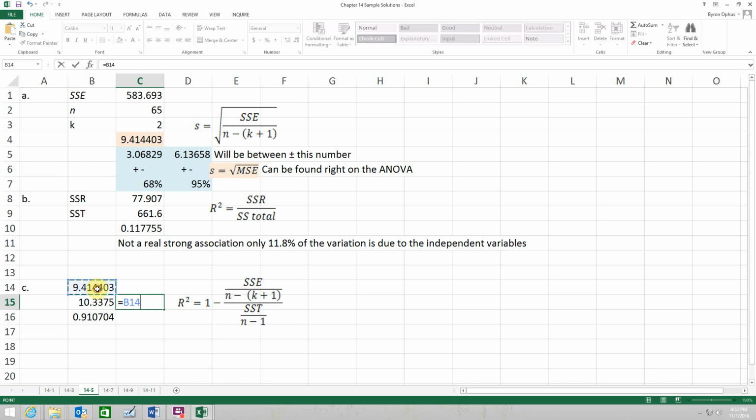This is equal to this one divided by this one. Then I have to subtract that from 1, so 1 minus this particular answer. I have to put my equal sign in there. Equals 1 minus. There we go. So 0.089, or 8.9%. So probably even a lesser association. That explains the adjustment for the coefficient of determination.